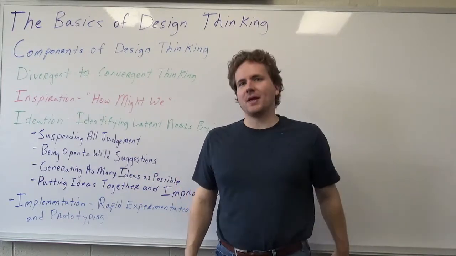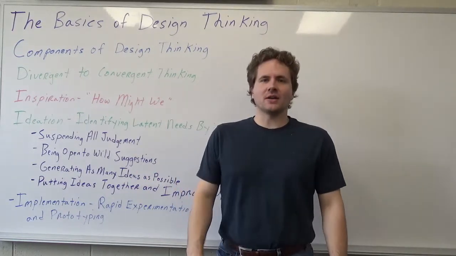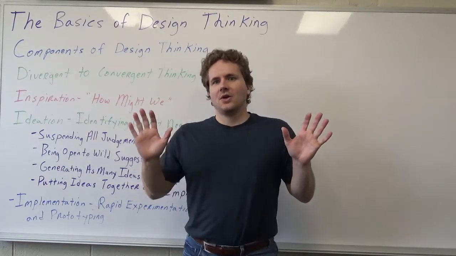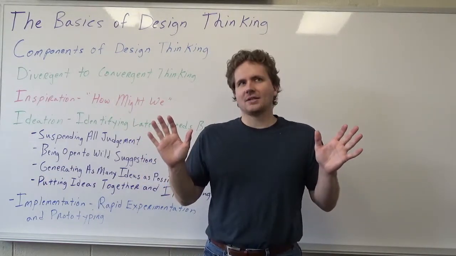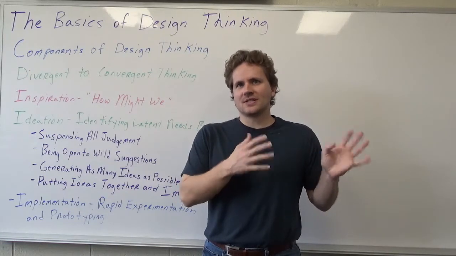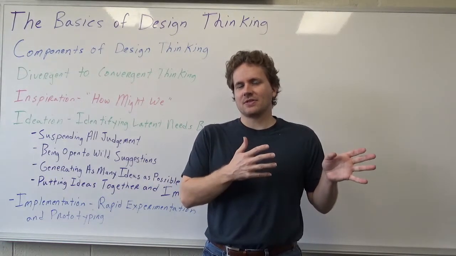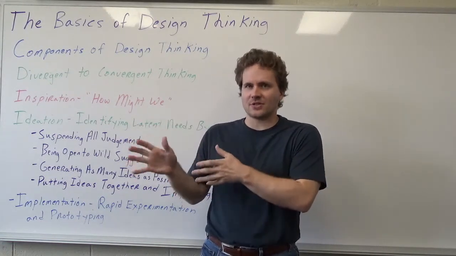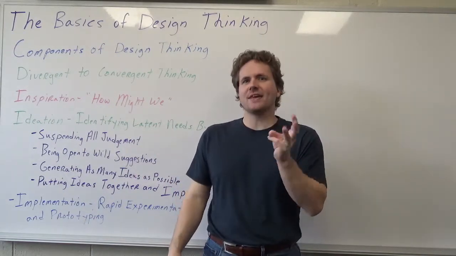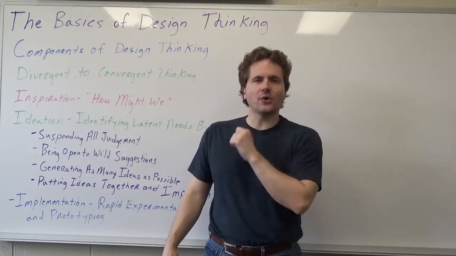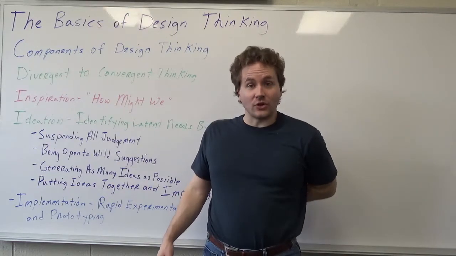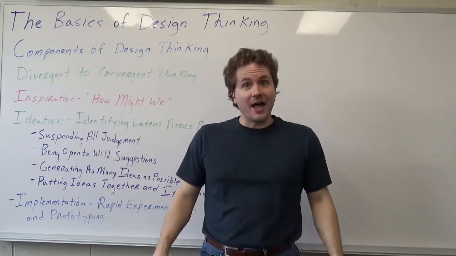Person A throws out 10 opinions, and person B throws out another 10 opinions. You look, and it's like, okay, they disagree on 7 things. But there are these 3 things that they do agree on. Let's focus on the 3 things that we actually do agree on, and then build upon that, right?